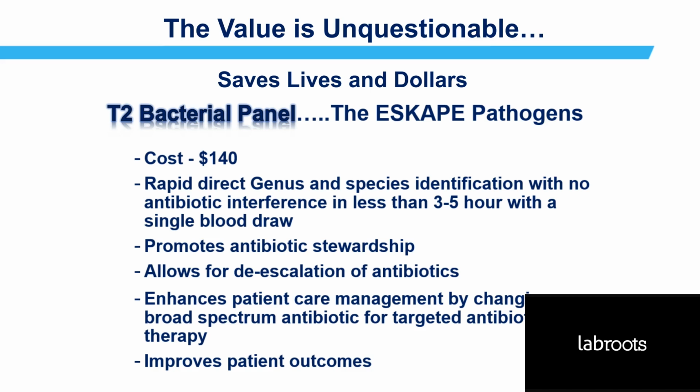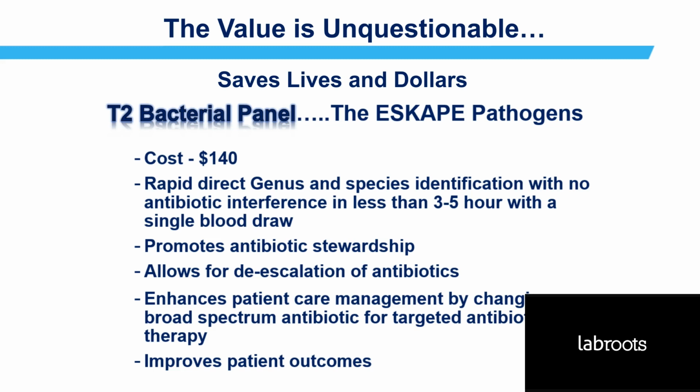So we believe that the value of a T2 bacterial panel is unquestionable and that it saves lives and dollars. If we look at the cost of $140 to the laboratory, the value that we receive back is that we have rapid direct genus and species identification with no antibiotic interference in less than 3 to 5 hours with a single blood draw.